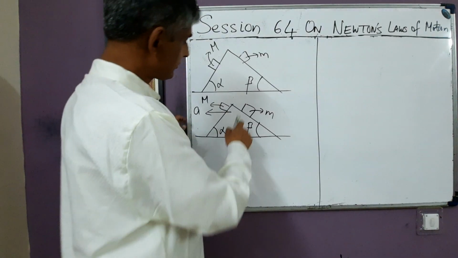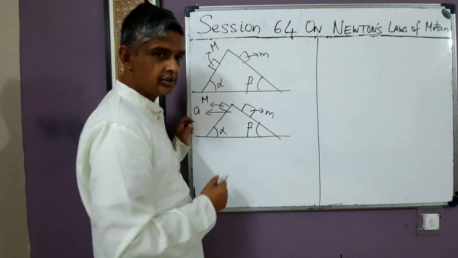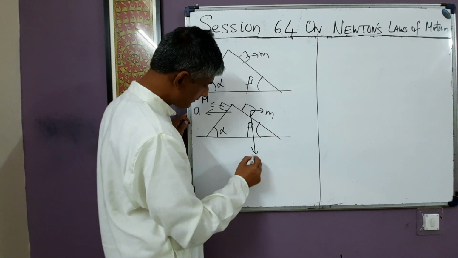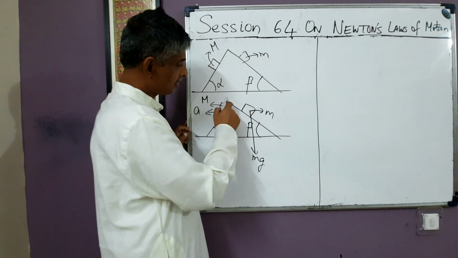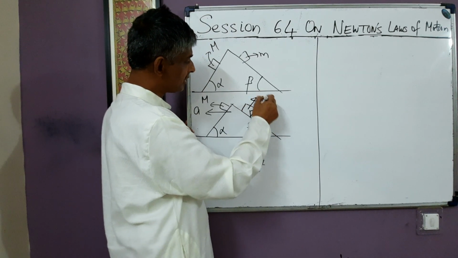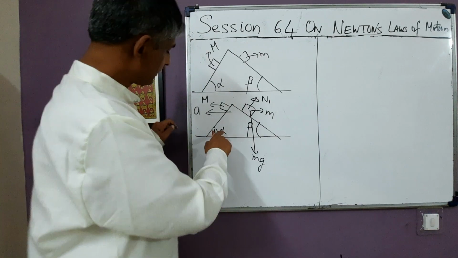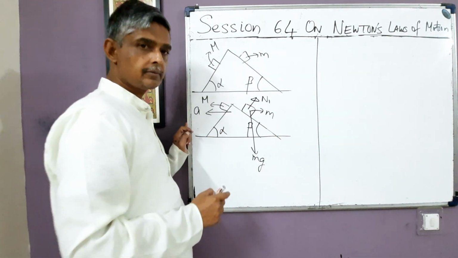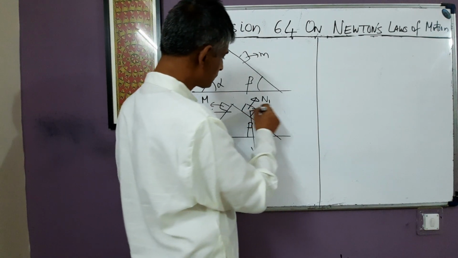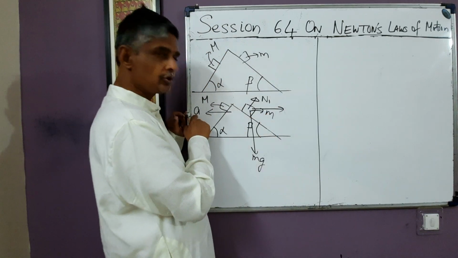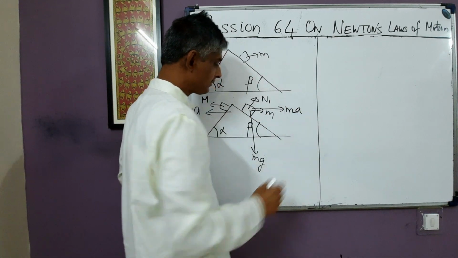Fine. I draw the free body diagram of this particle as seen from wedge. So what are the forces? One, the real force mg. This inclined face will exert some normal reaction N1. And this wedge is a translating NIRF. As seen from the wedge, a pseudo force will act on this block in opposite direction to a, whose magnitude will be ma.